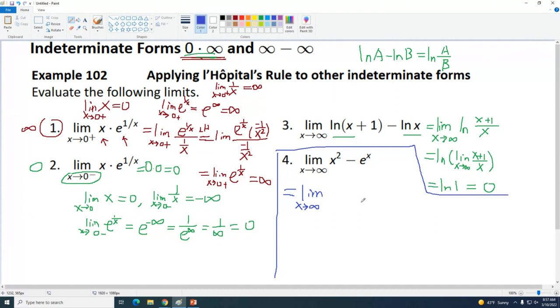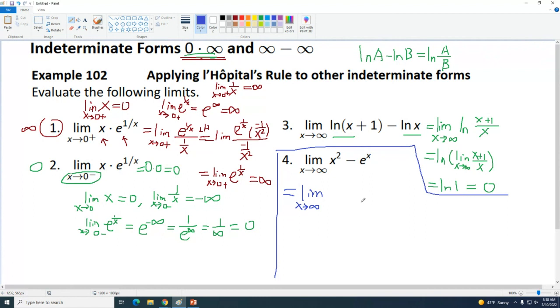If x is really, really large, think about 100. So x squared would be 100 squared, 10,000. But e to the 100, just copy into the calculator, you can see that's a really large number.